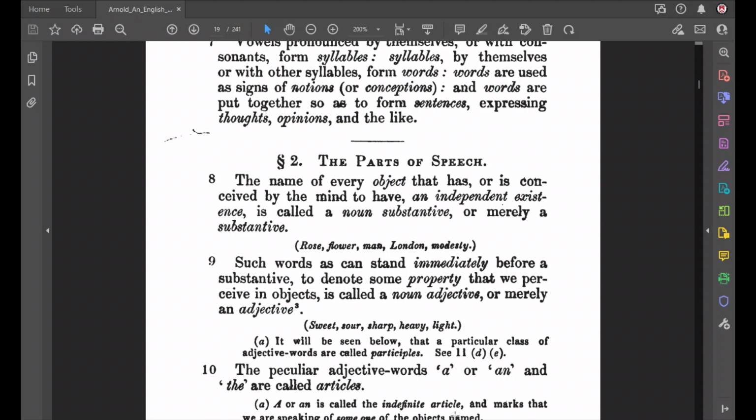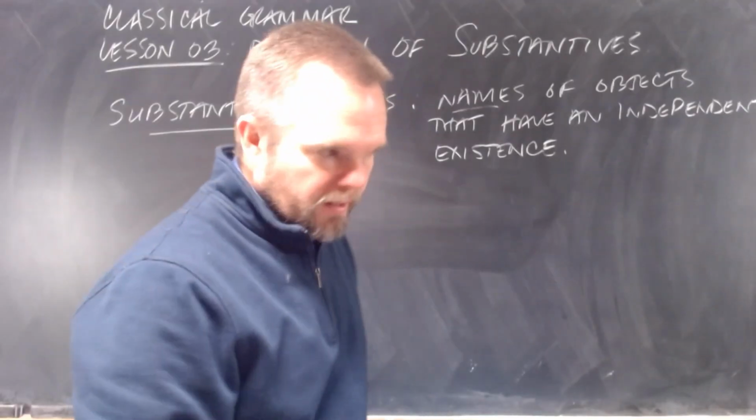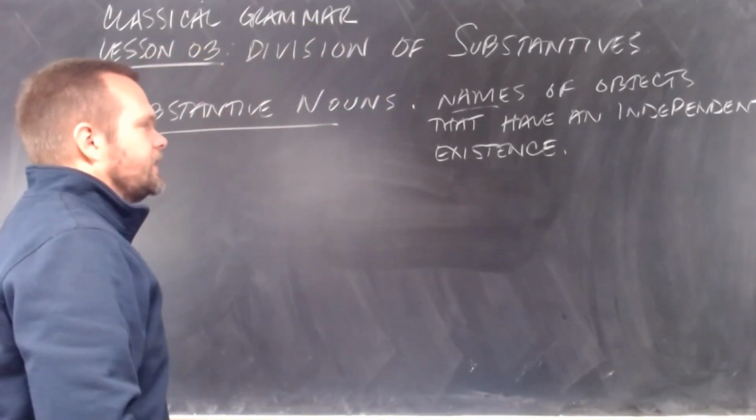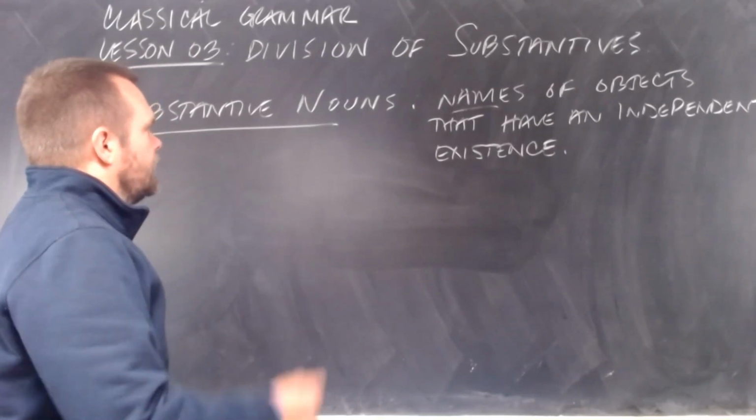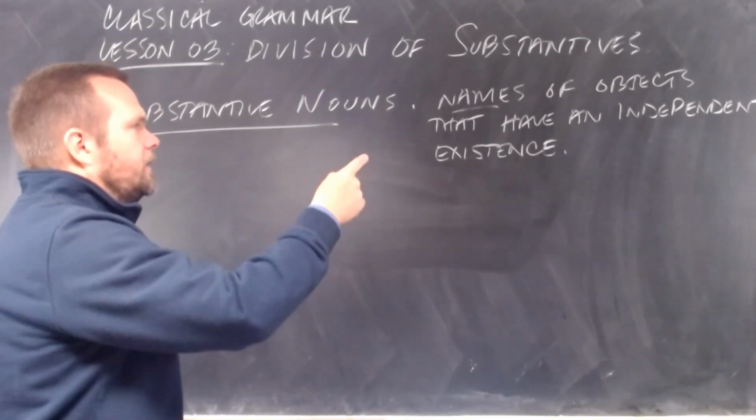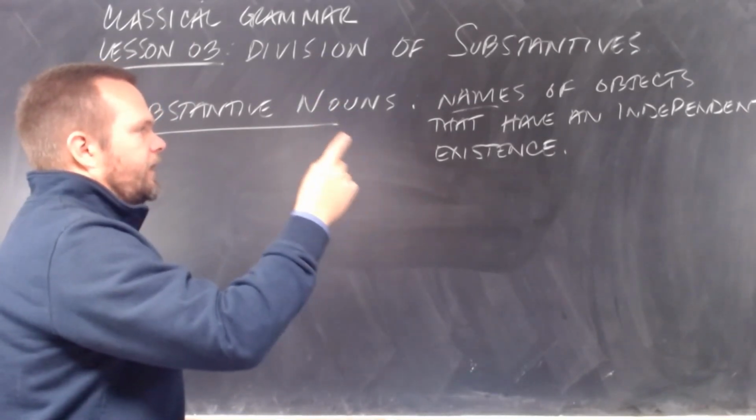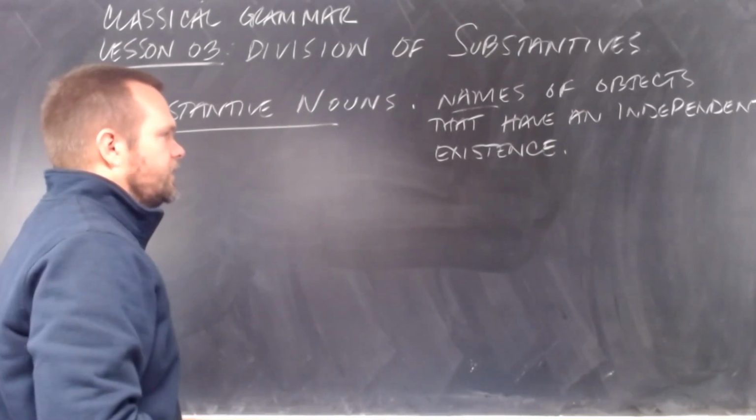Things that have an independent existence. What in the world does that mean? Substantive nouns are names of objects that have an independent existence.